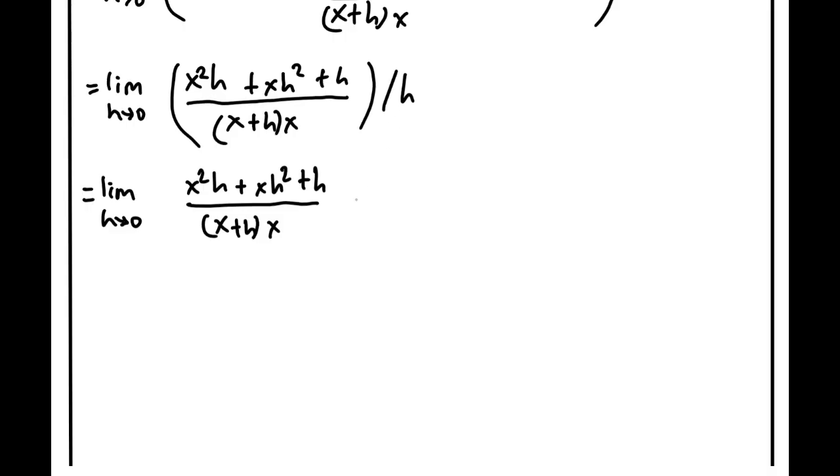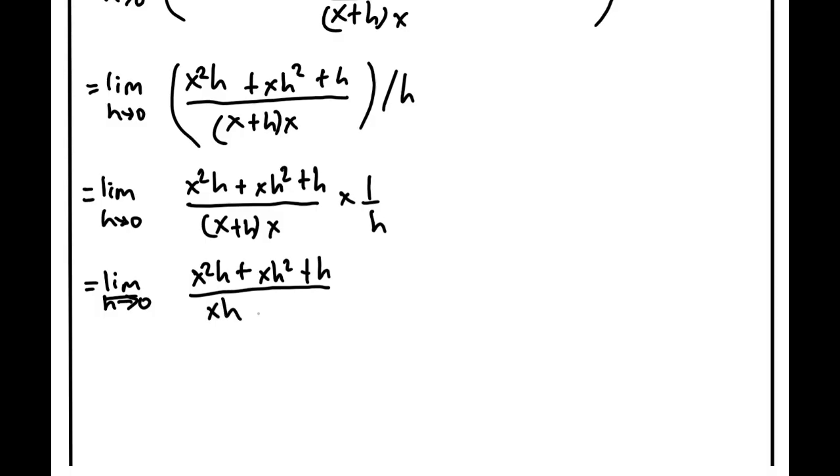This is division, so it becomes multiplied by 1 over h. So we have limit h approaches 0 of x squared h plus x h squared plus h over h times x plus h times x.